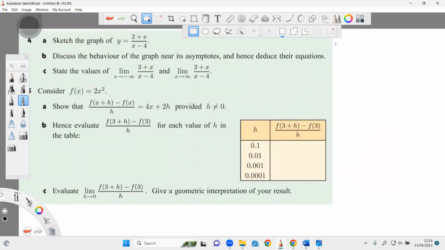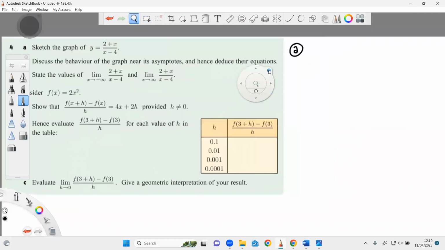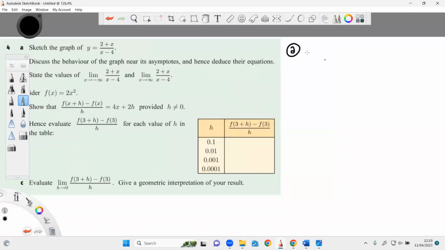First thing first, you need to understand the behavior of this graph. So for question A, you have to understand about the asymptote, where the formula will be like this over cx plus d here.